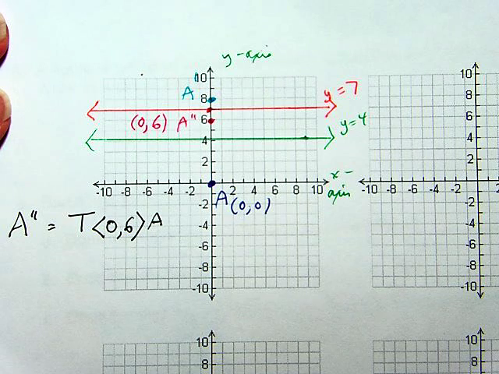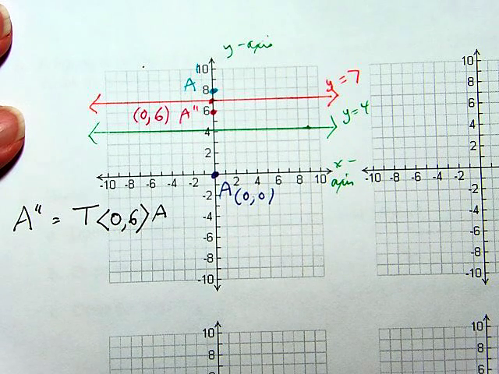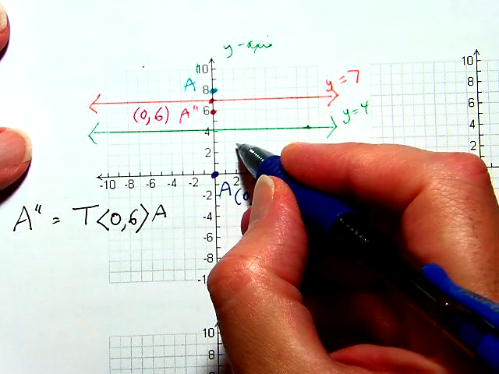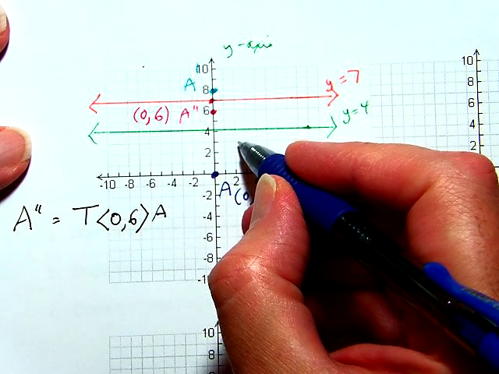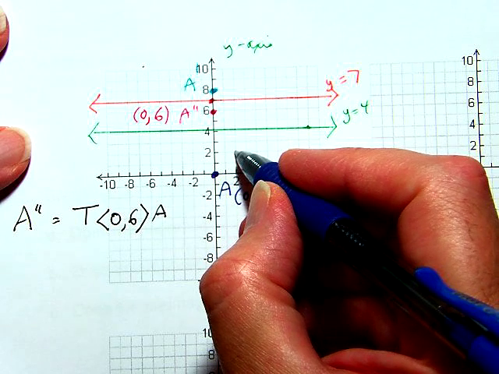Now you might ask, and it would be reasonable to ask, what happens if we start with a different point? Would we still get the same translation, 6 in the vertical direction? Let's pick some other point to start with and see what we end up with. Let's say we started with the point 2, 2.